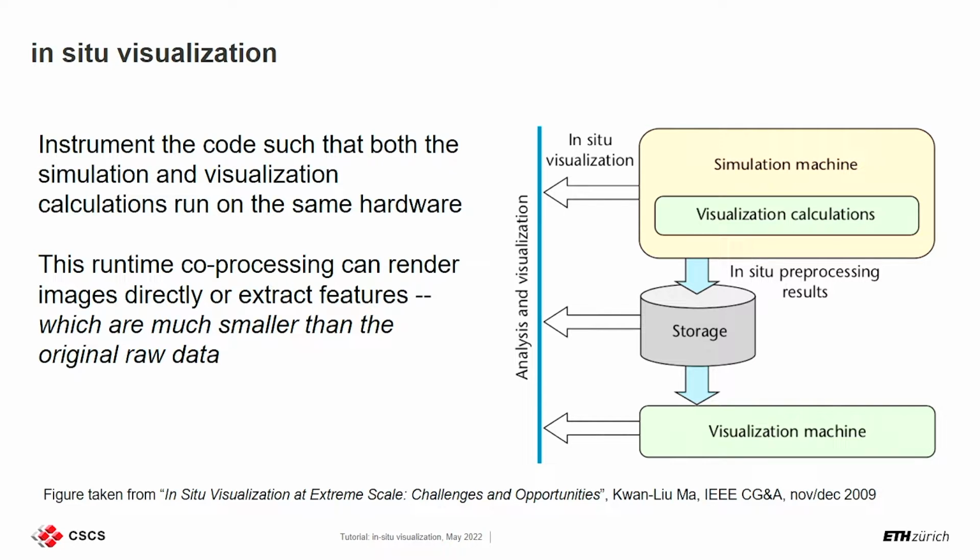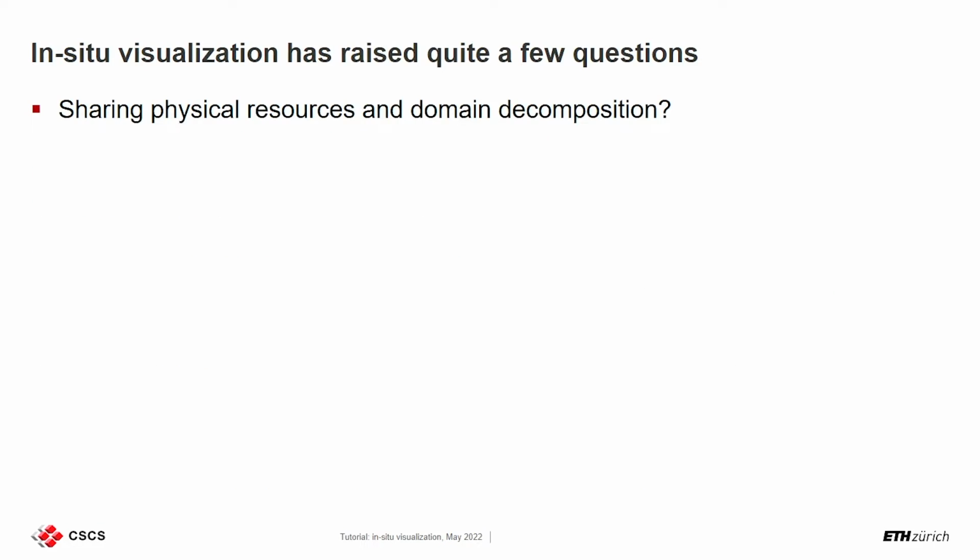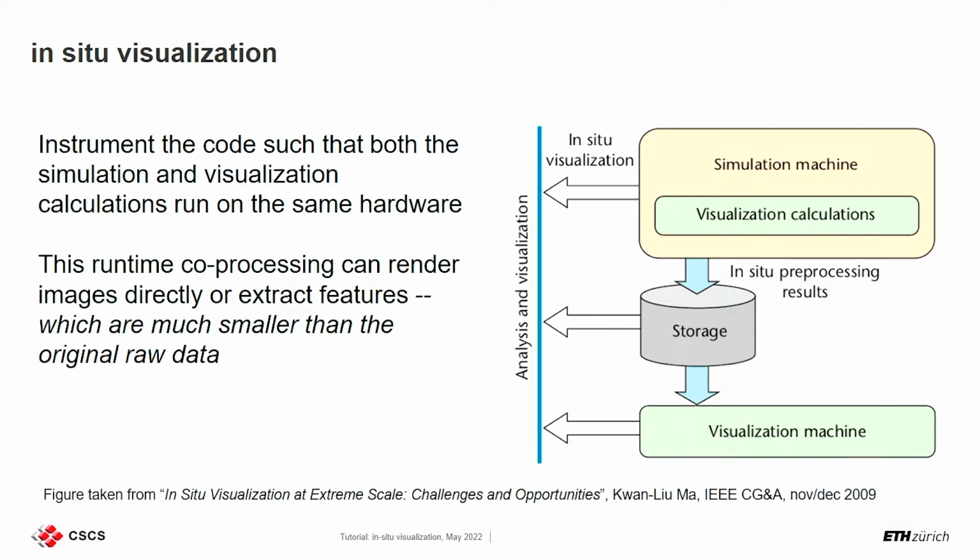In situ, the principle of in situ, and here I'm going to start using many different terms. I'm going to say co-processing, concurrent processing, in situ, etc. We'll come to this. So here I've used the term co-processing. The idea is that we can render data while it's in memory.